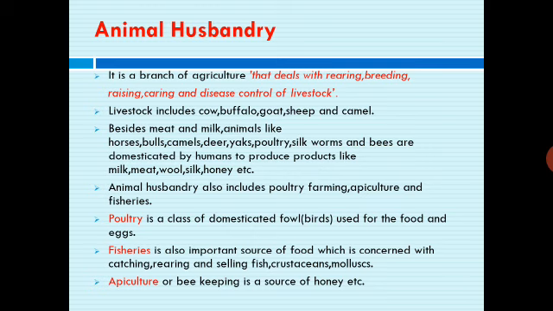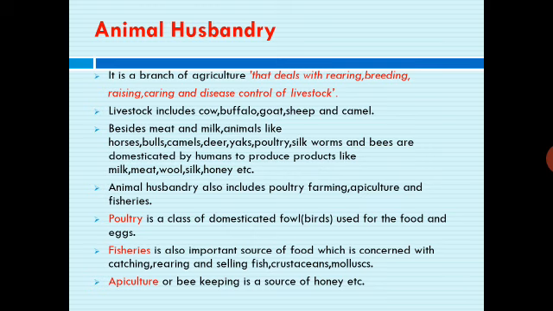So animal husbandry is an agricultural practice of breeding and raising livestock. As such, it is a vital skill for farmers and is as much a science as it is an art. Animal husbandry deals with the care and breeding of livestock, and extended, it includes poultry farming, apiculture and fisheries.